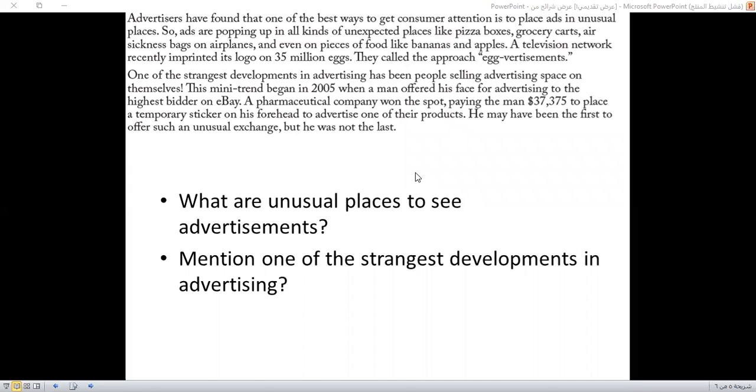Okay, now can you mention one of the strangest developments in advertising that has happened in 2005? What happened in 2005? There is a new approach of advertisement.